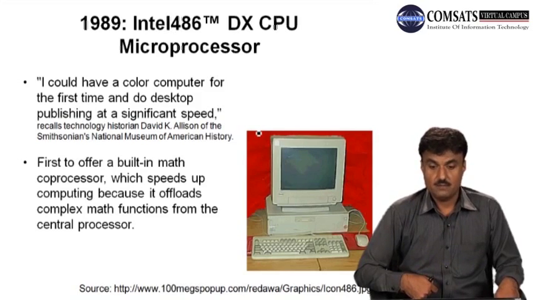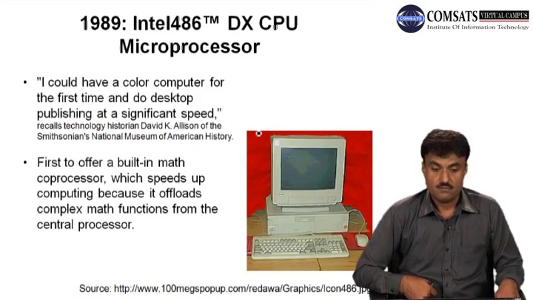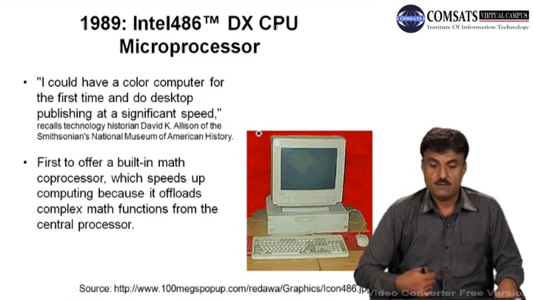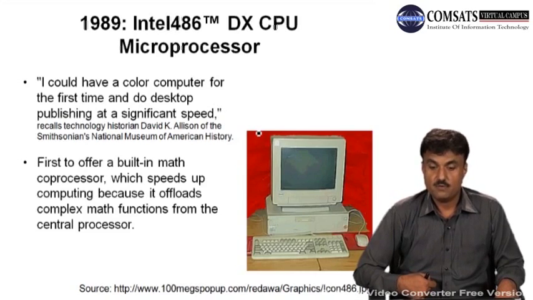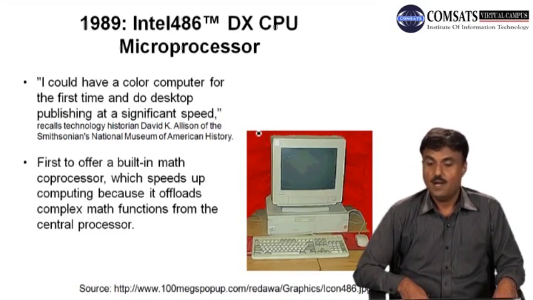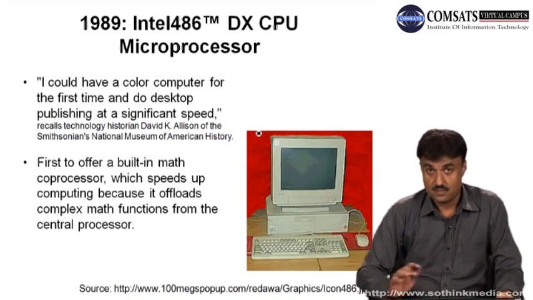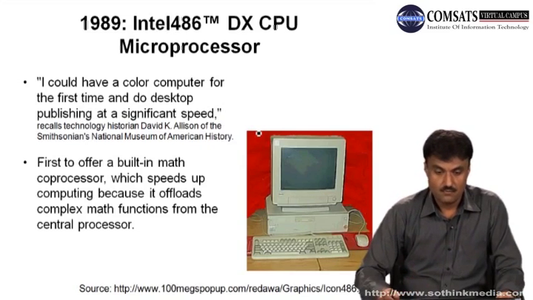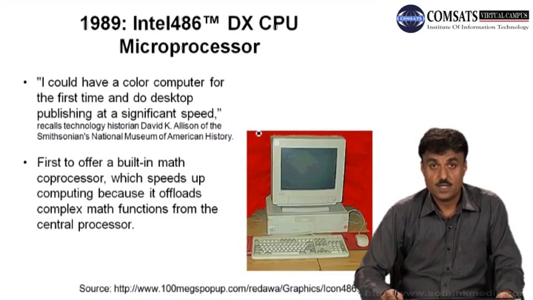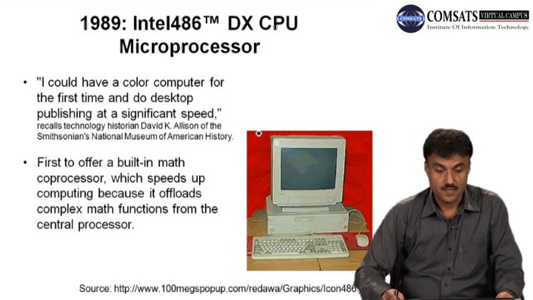There is a comment from David K. Allison of the Smithsonian's National Museum of American History, who said that he could have a color computer for the first time and do desktop publishing at a significant speed. That was his comment about the 486 computer, the computer equipped with the 486 microprocessor.